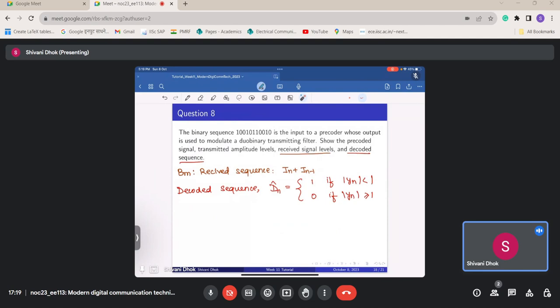Now here your yn is equal to bn, that you keep in mind, because your yn is basically bn plus nu n, which is some noise component. Okay, so this is what we are having here.